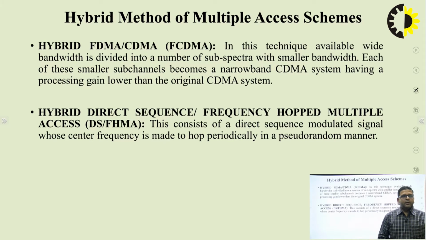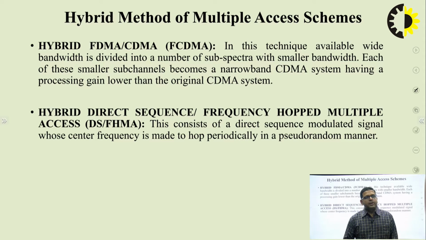In this technique, the available wide bandwidth is divided into a number of sub-spectrums with a smaller, narrow bandwidth. After dividing the entire bandwidth into narrow bandwidths, each bandwidth uses the code division multiple access technique, and using this technique, different users can utilize the narrow band spectrum.